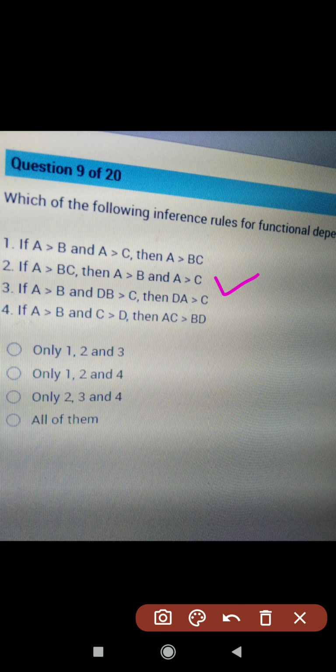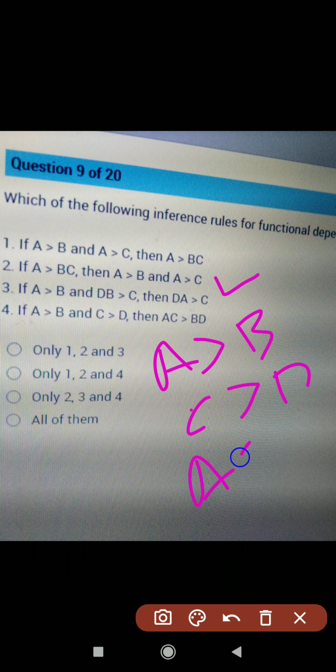Now come to this one. If A is greater than B and C is greater than D, then A into C is greater than B into D. So it's very simple. See here, A is greater than B and C is greater than D, they are saying. At that moment, if I multiply A and C, that will obviously be greater than B and D, because individually they are greater than B and D. Let us say assume A is 4 and it is greater than B, meaning B is 2.